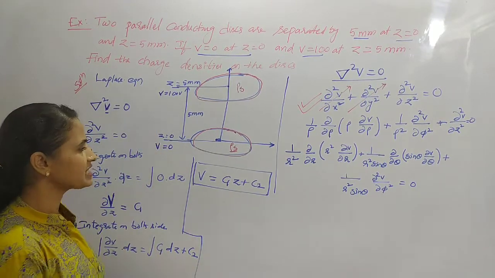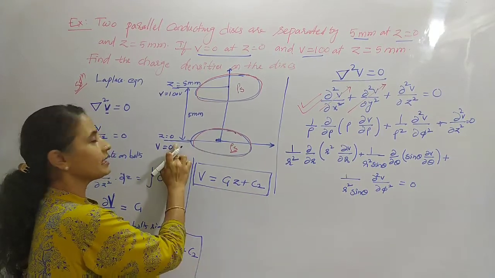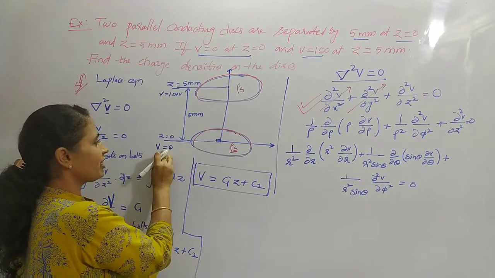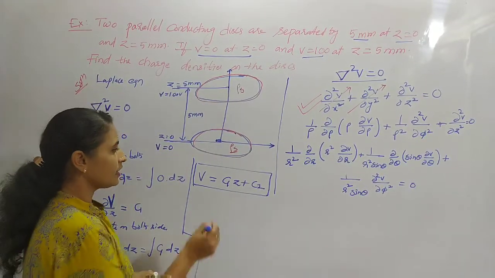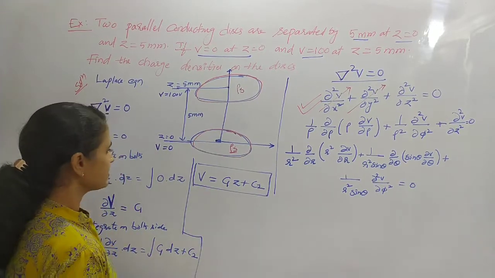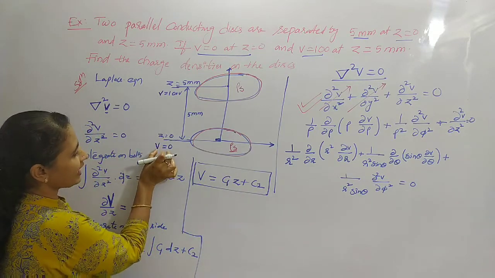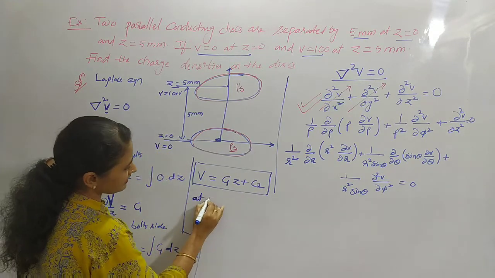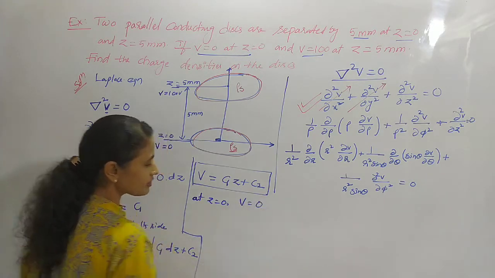Let us find C1 and C2. To find them, the conditions are given. Now let us use the conditions given to obtain the values of C1 and C2. At the origin, that is Z equal to 0, V is also 0.